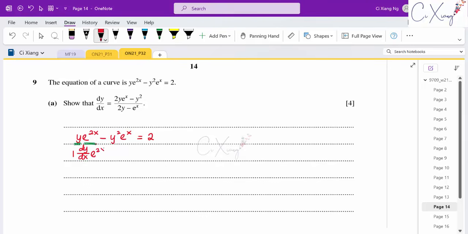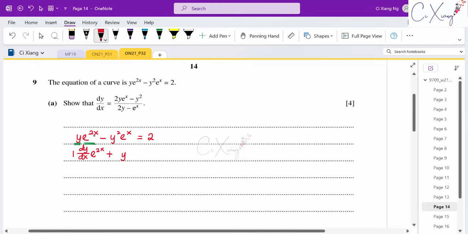Then copy the second bracket, e power 2x. Then plus, copy the first bracket and differentiate the second. Differentiating e power 2x gives 2e power 2x. We are differentiating something related to x, so it should be dx/dx, and usually we don't write it out because dx/dx equals 1.